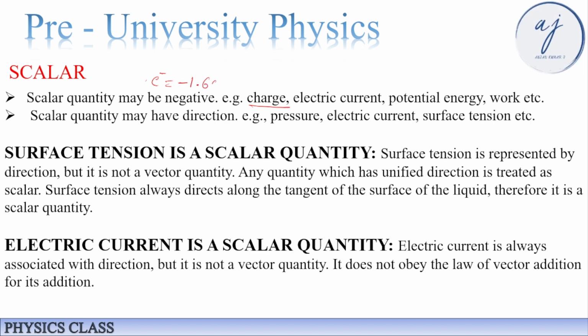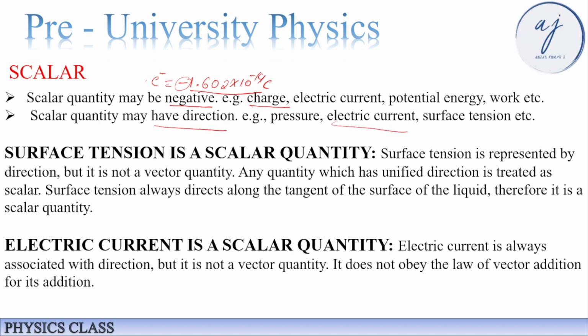The charge of an electron is minus 1.602 into 10 power minus 19 coulomb. Here 1.602 into 10 power minus 19 is the magnitude and it carries negative charge. Sometimes scalars will also be negative.